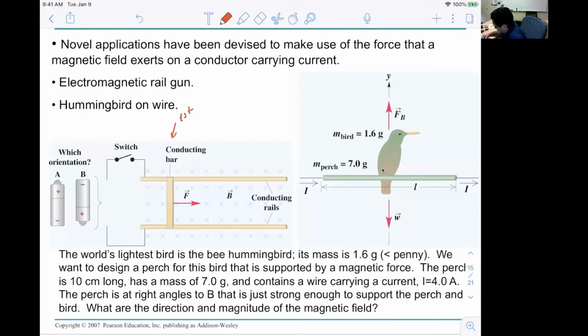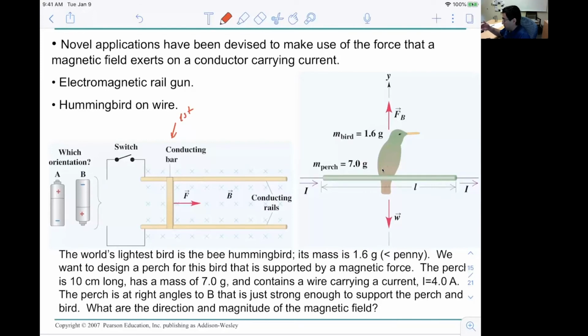You have a conducting bar, and when you put a battery, the bar is going to go to the right, with the magnetic force to the right. So the question asks which orientation we should connect the battery.